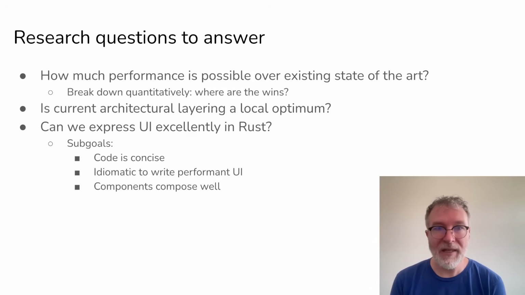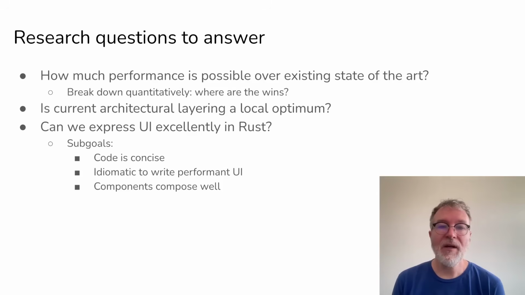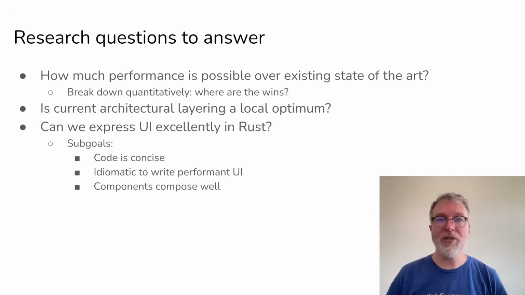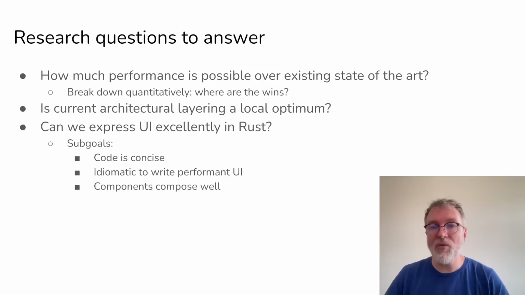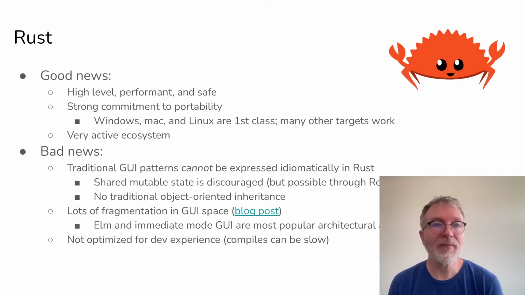So idiomatically, concisely, and so that you can build components that compose well, so you don't constantly have to deal with extremely low-level issues about, like, if you have two things on the screen, how are they talking to each other? You want to be able to build those components, and that's very much the trend. Composing is very much the trend of how UIs are being built today.